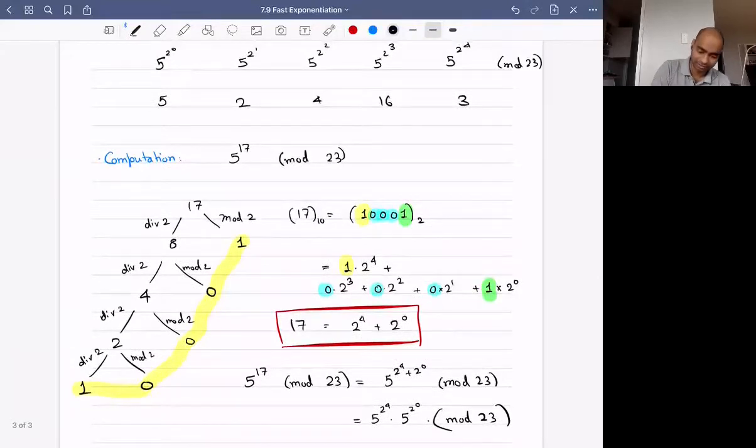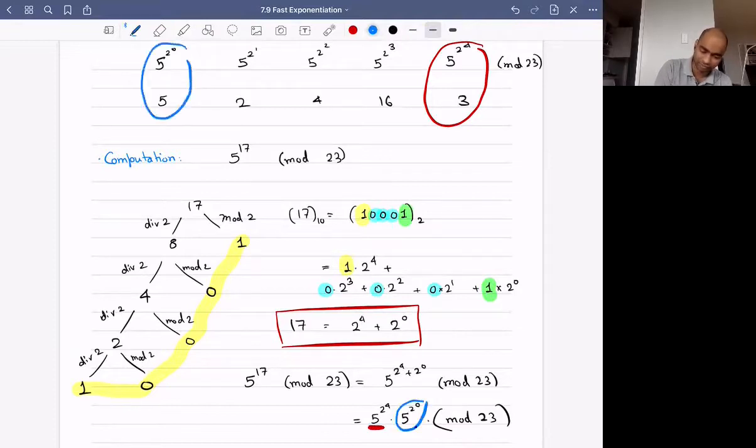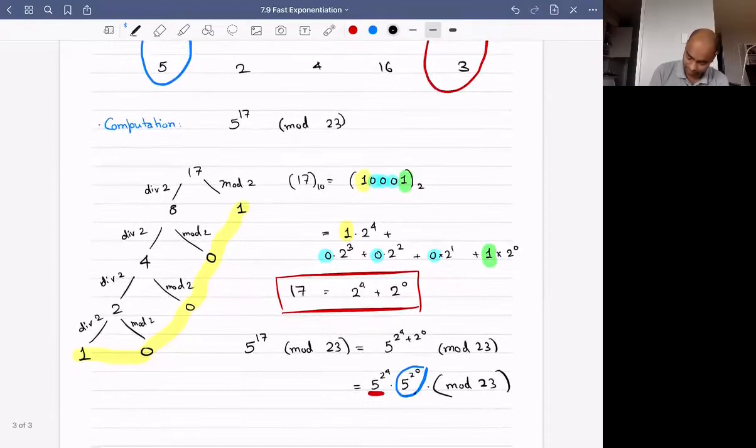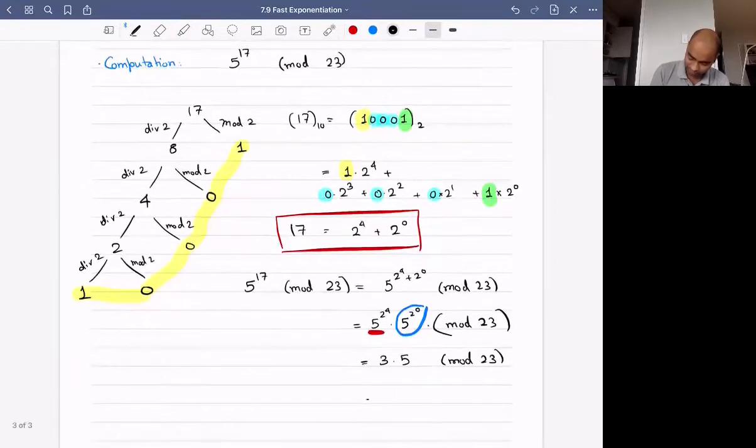That number is exactly 3. And I know exactly what 5 to the 2 to the 0 mod 23 is. That number is 5. And so I get 3 times 5 mod 23, which is 15 mod 23, and 15 is less than 23, so the remainder is still 15. And so my conclusion is that 5 to the 17 is 15 mod 23.